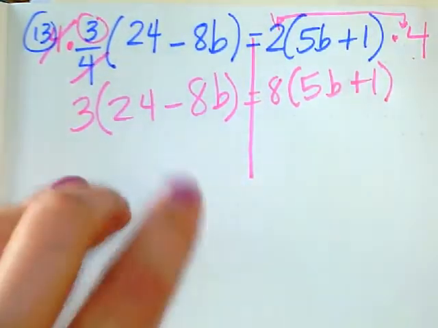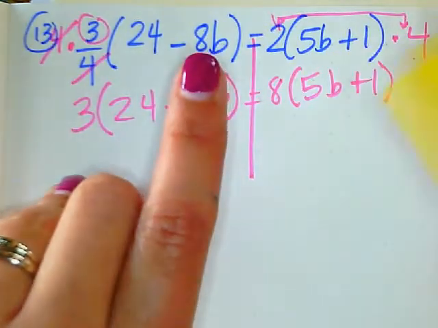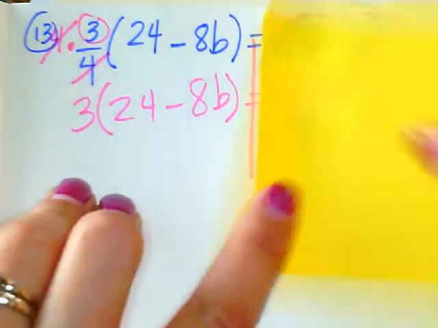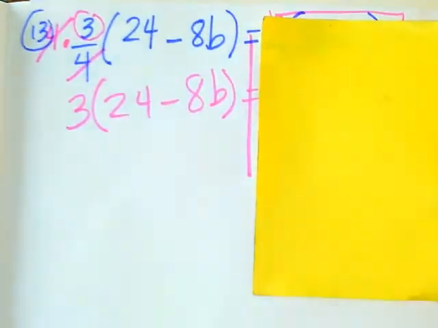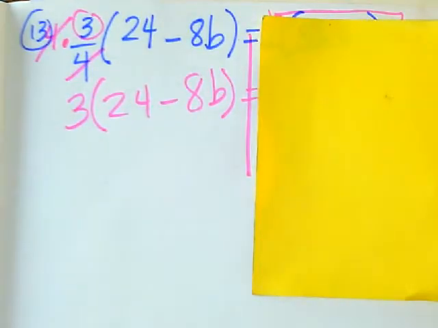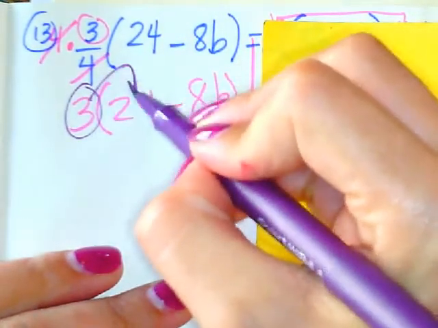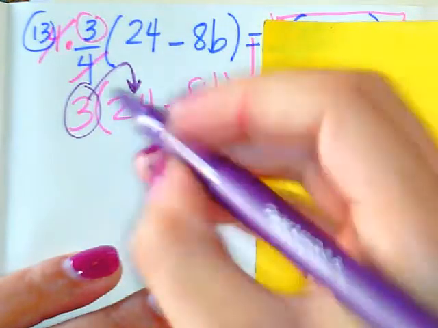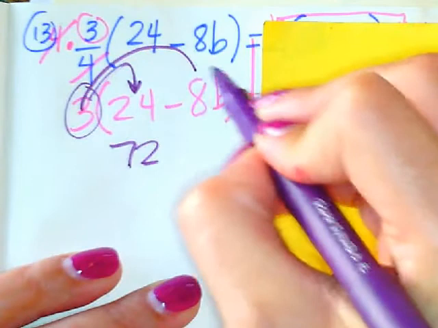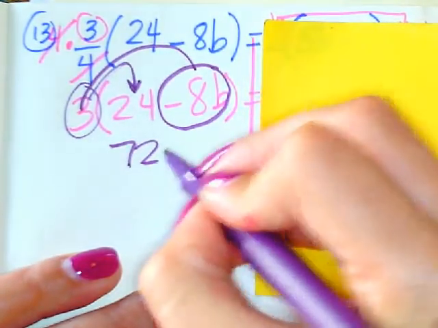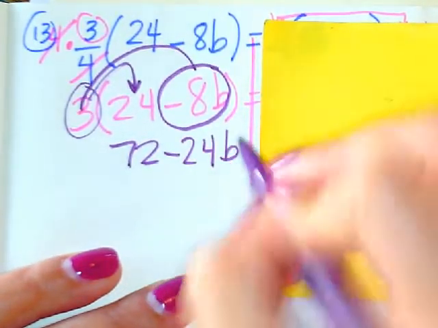Okay? So now I'm going to cover this side up, simplify it all the way, and then I'm going to simplify the other side. So now that I got rid of the fraction, I'm going to simplify this one all the way by distributing. Okay, so 3 times 24, 72, and 3 times negative 8b, negative 24b.